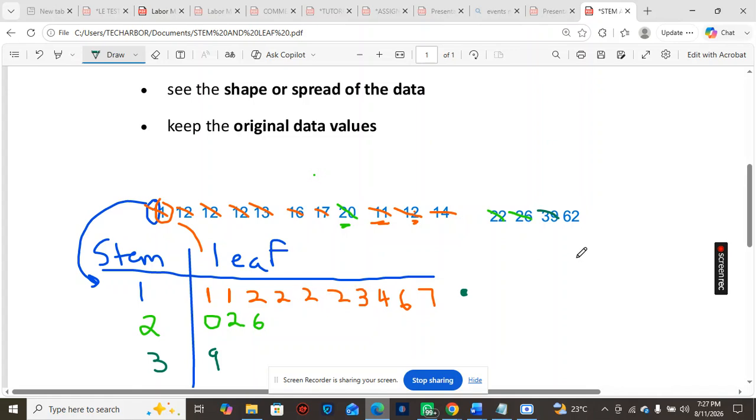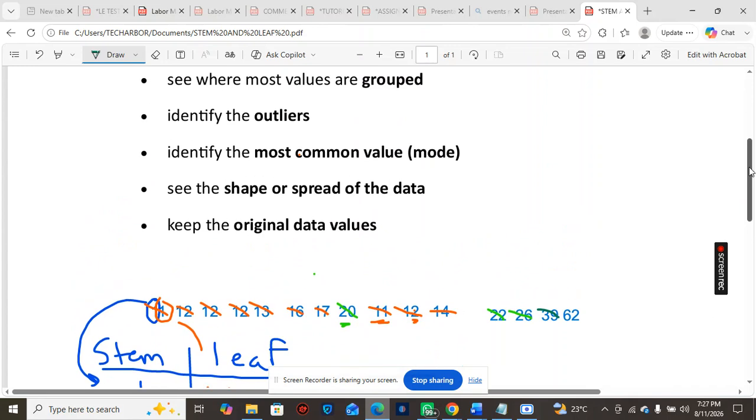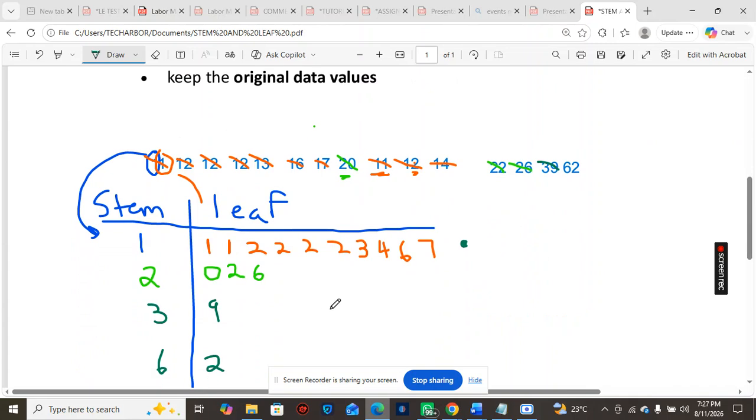It also helps us identify outliers. In this case, 62 is an outlier because it's further from these numbers from 11 to 39. 62 is further out there, so we can call it an outlier.